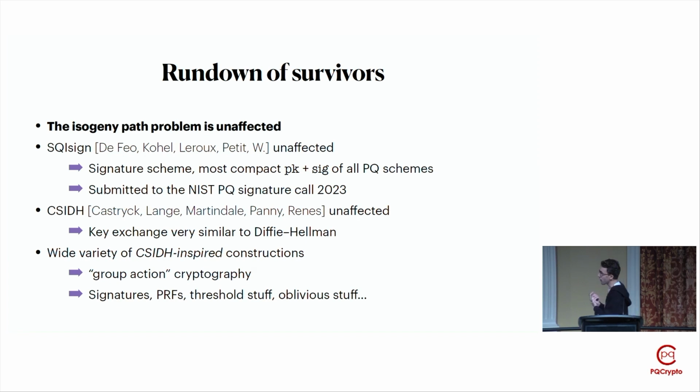And with CSIDH, a wide variety of CSIDH-inspired constructions have survived. You can think of it as group action cryptography. Cryptosystems you can build if you are given a group action that is hard to invert. So this means you have signatures, you have PRFs, you have a bunch of threshold stuff and oblivious stuff, many things.